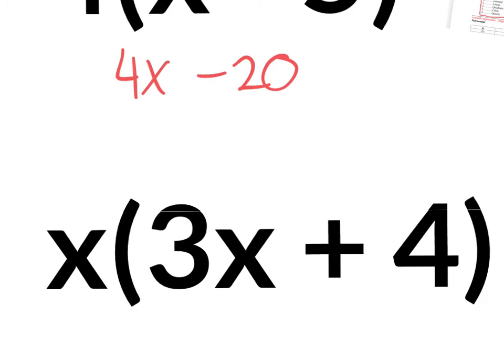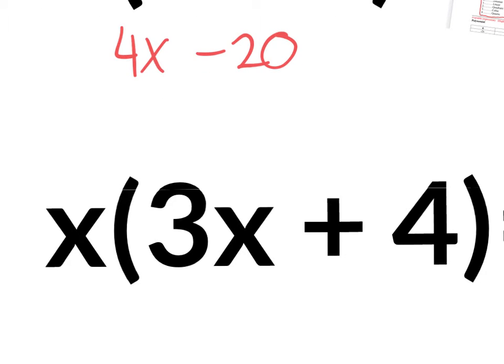Try that one. And right here on this one, you gotta remember that when you multiply x times x, you really do end up with x squared. So keep that in mind, all right? Okay, 3x squared plus 4x, yep. A lot of us are getting that correct answer, 3x squared plus 4x.